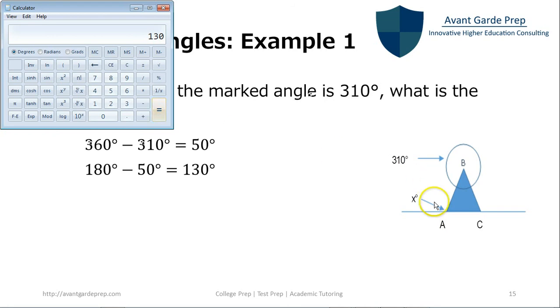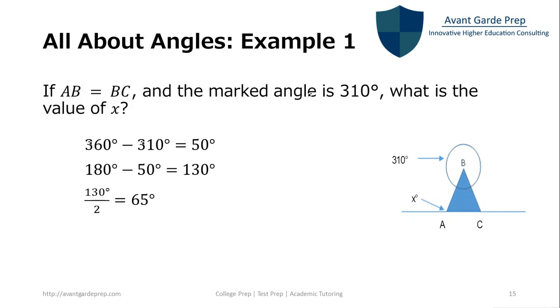But that's for the sum of both of these angles. Now we can divide that in half, since we know that this is an isosceles triangle, and so each angle is actually 65 degrees. So since we know that, we can actually then find the value of x, because x is just 180 degrees minus 65.